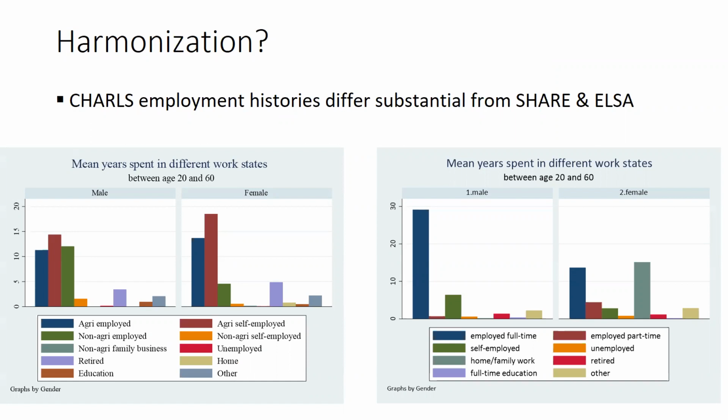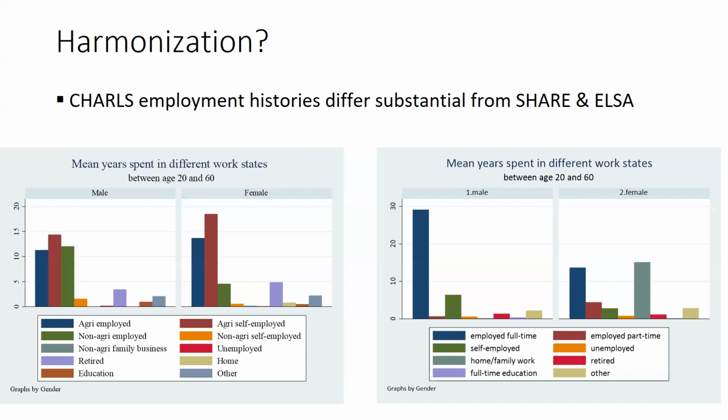And here you see the mean years spent in different work states for CHARLS on the left side of the slides, and on the right side you see the employment histories from Cher and ELSA combined. And here you see clearly that there are huge differences in the employment histories, and it's not that much harmonized between CHARLS and Cher and ELSA.